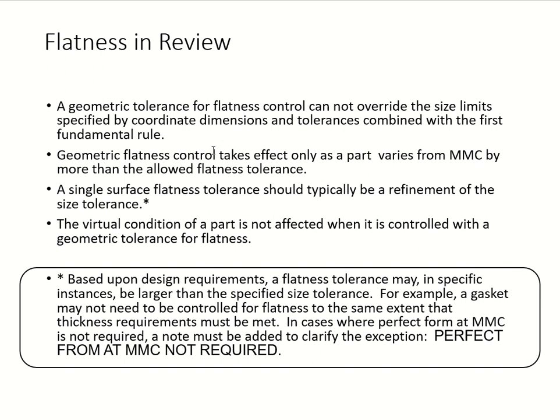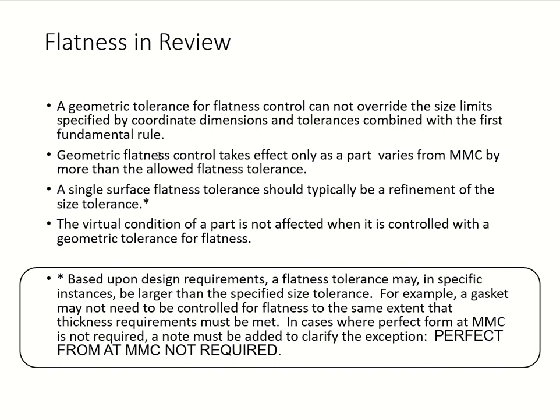Okay, review. These are all the important points that you at least need to hit. The very first one is that a geometric tolerance for flatness cannot override the size limit. Again and again, it's got to be in it; you cannot violate it. So that's your first rule. Geometric flatness control is going to take effect only as a part varies from your MMC by more than the allowed flatness tolerance.